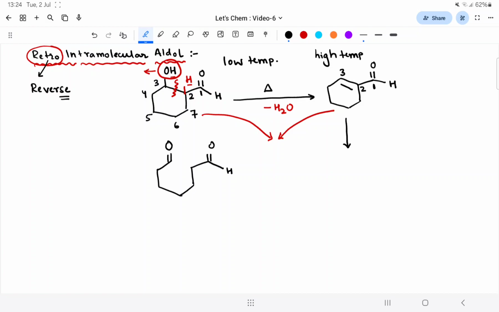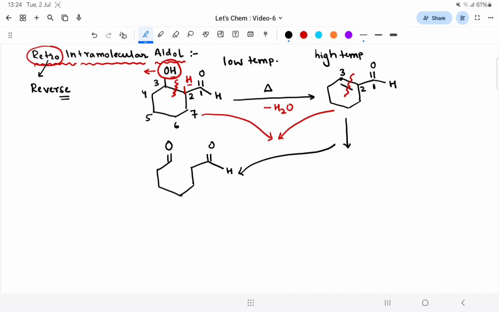In the other case, we can just remove this pi bond and on the third carbon introduce a carbonyl carbon, so we get the same reactant again. This concept is called retro intramolecular aldol.